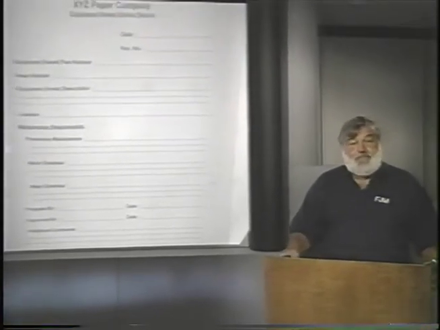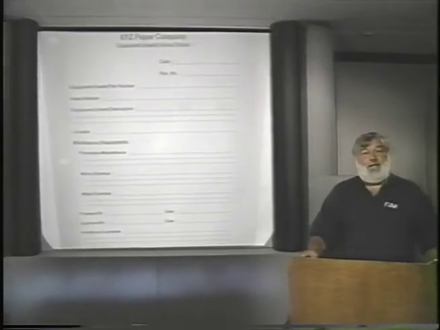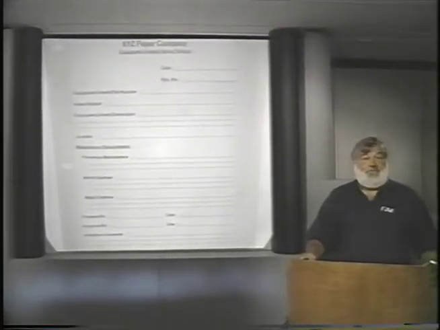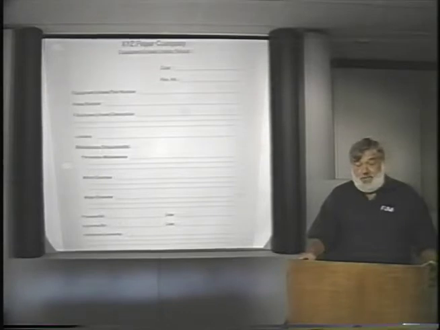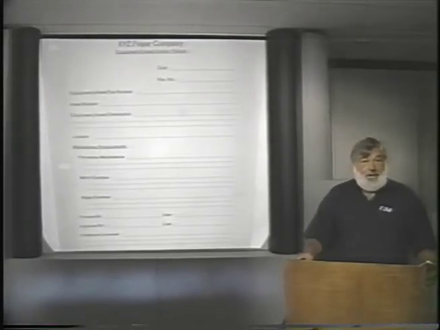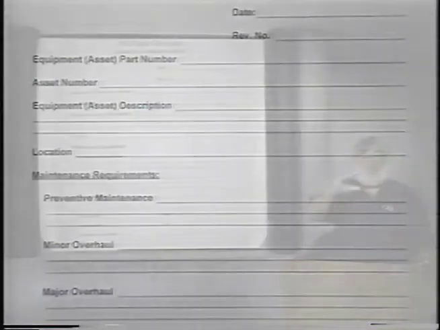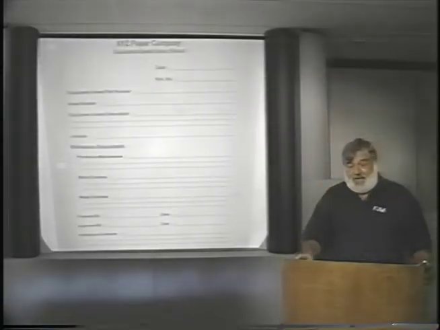And in this case, this source document is ready to be used to develop the number of the equipment, the asset number which is used by finance, and then the description of the equipment and its subsequent location. Those are the 4 data elements that are on the top portion of this document.